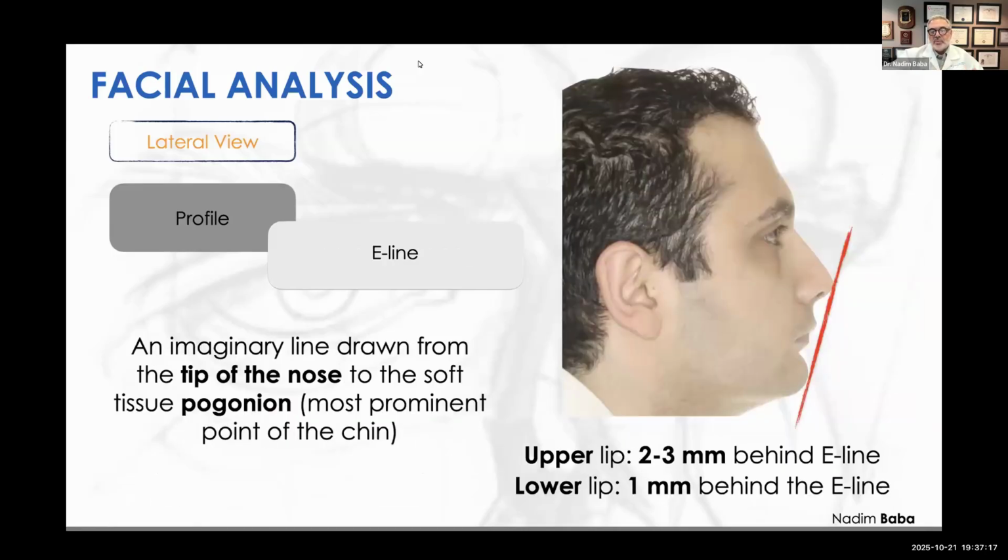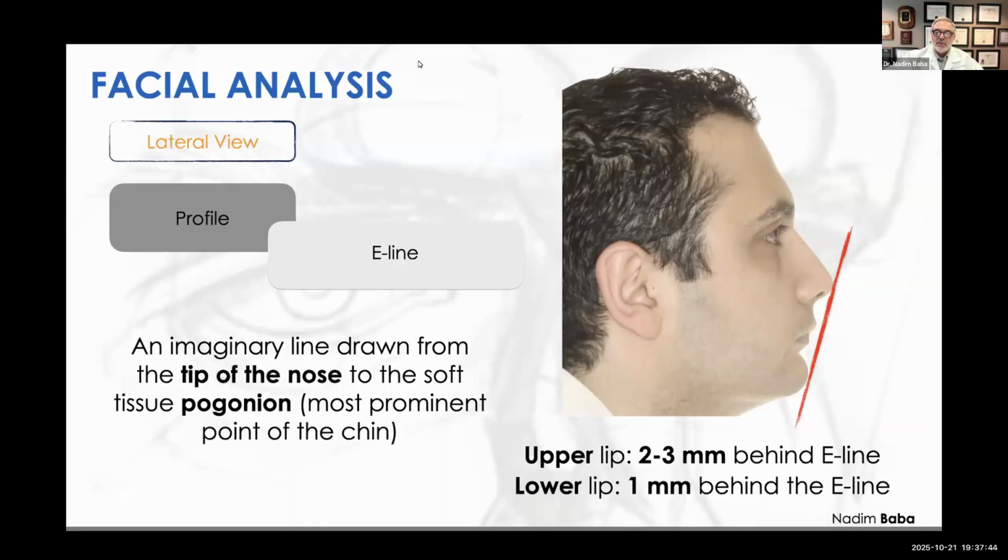When we also look at the profile, we look at the E-line. This is an imaginary line that is drawn from the tip of the nose to the soft tissue pogonium, which is the most prominent point of the chin. According to Robert Ricketts, a prominent orthodontist, he found that the upper lip is usually 2 to 3 millimeters behind the E-line, and the lower lip is approximately 1 millimeter behind the E-line.